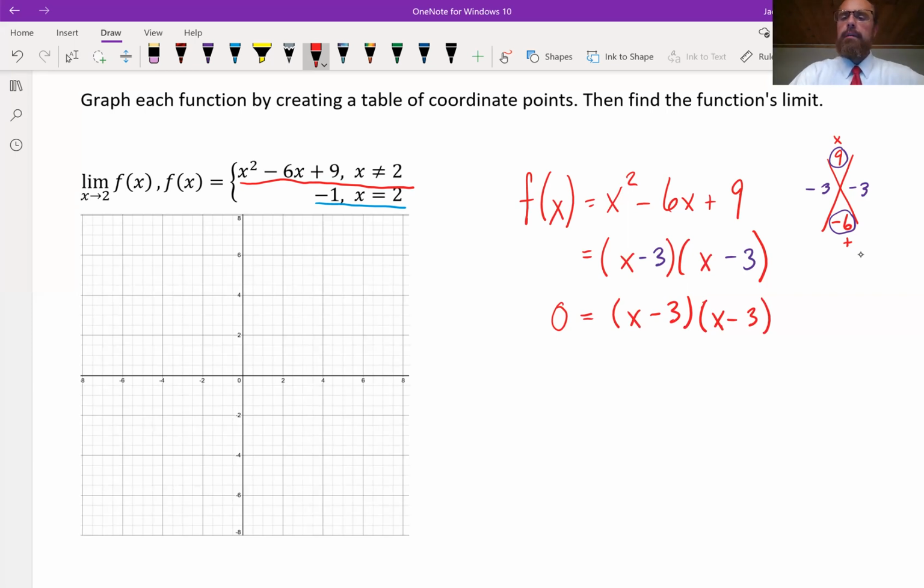And recall that if I'm trying to set this equal to 0, I would set each of these binomials individually equal to 0. And then by the zero product property, the idea is if this left binomial, the whole thing equals 0, well, that times anything is going to be 0. And the same is true for this second binomial.